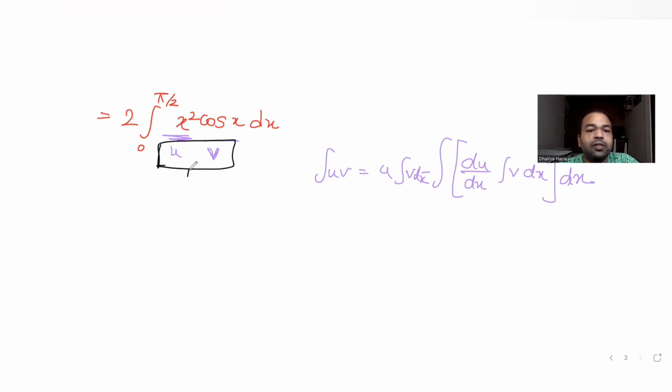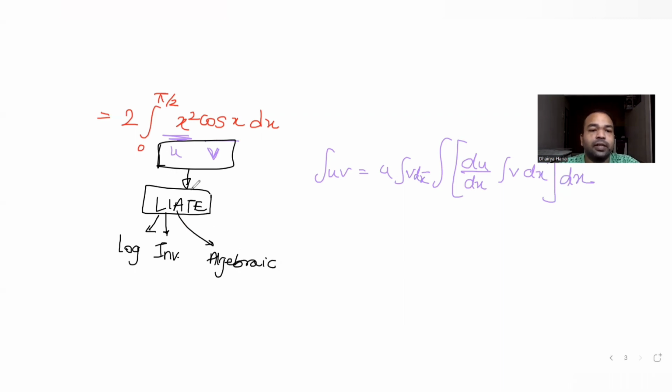This is on the basis of the understanding of LIATE. Whichever comes first, you keep that as u, and whichever comes later, you keep that as v. So here L is logarithms, I is your inverse functions which are trigonometric, A is your algebraic functions, like in this case it is x square, T again are your trigonometric functions, E is your exponential functions.